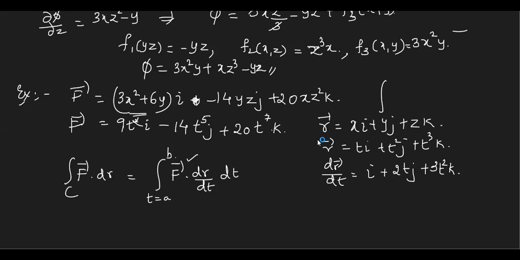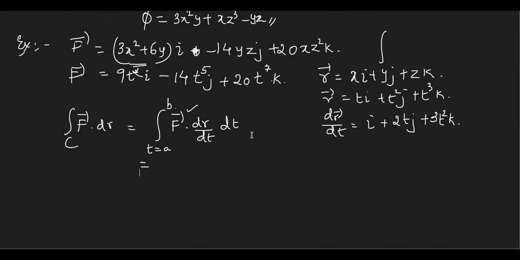So after this, what we have to do? Substitute. Here, we have to take the dot product. t varies from 0 to 1, which is clear. 9t square into 1 is 9t square. Correct?